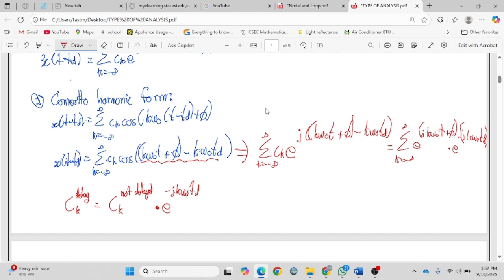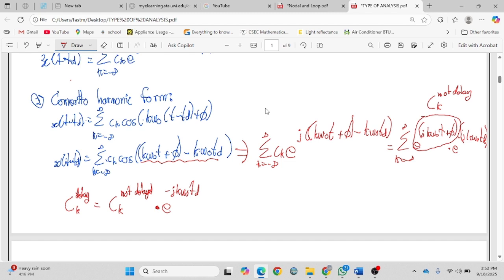So now we have that. So this here, we're calling it ck not delayed, because that is the original spectrum. Before we did it, this was the original spectrum. And this is the delay that we added, sorry, we multiplied in this case, or we included into the system basically. So that's how we got this here.